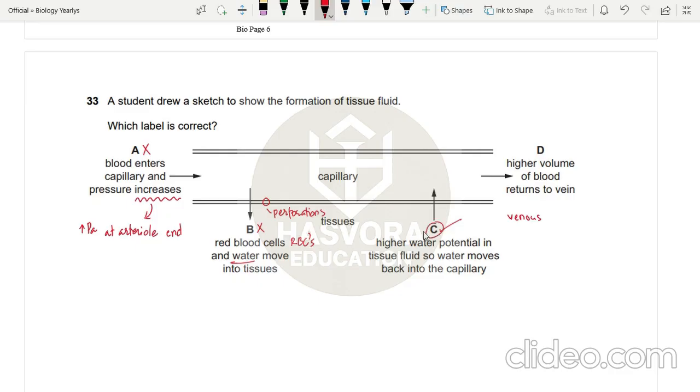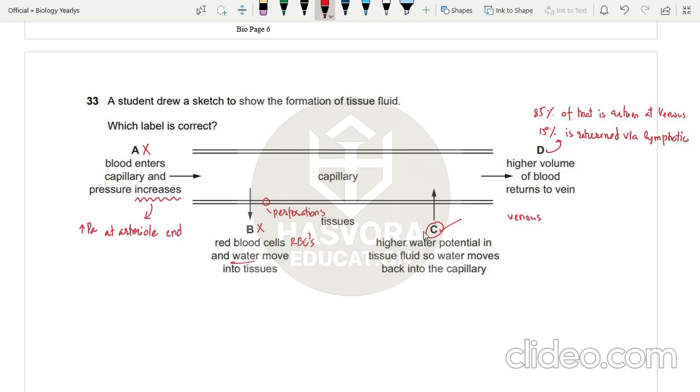Let's have a look at D. Higher volume of the blood returns to the vein. This is incorrect because when the tissue fluid forms, some of the volume is leaked into the tissue fluid, so 85% of that is returned at the venous end, which is a little bit lower, and the remaining 15% is returned later via the lymphatic system, because this tissue fluid then goes from the lymphatic capillaries to lymphatic vessels, and then they drain into the main bloodstream.